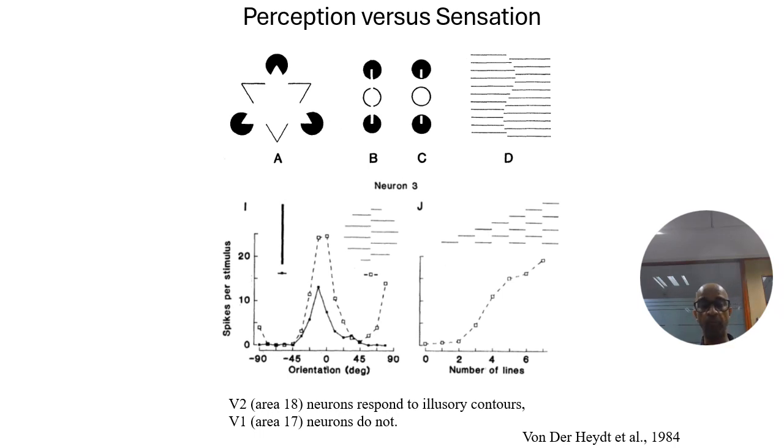Okay? But when you go to the secondary visual cortex, now something very interesting happens. It starts responding to perceived shapes and contours rather than shapes and contours that are actually present in your stimulus. So here are some examples of that, right? Here you can very clearly see this triangle.